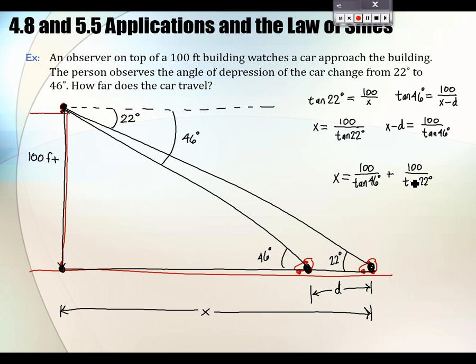I'm sorry, I solved for x, that's not what I meant to do. D is the thing we desire. So what is D? Let me do this slowly. D is equal to x minus 100 over tan 46.